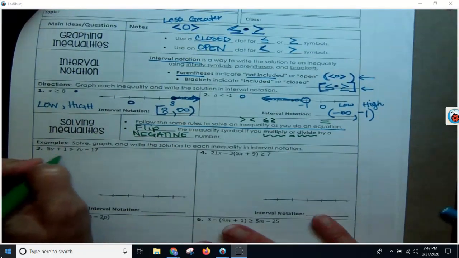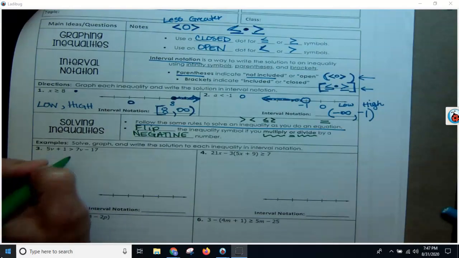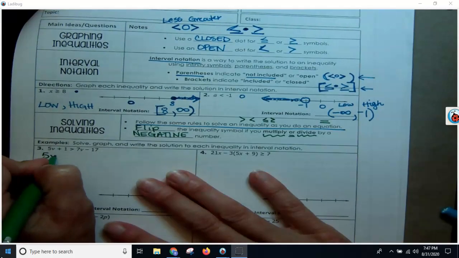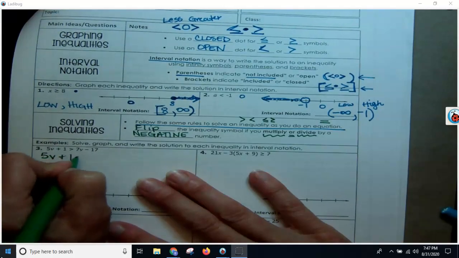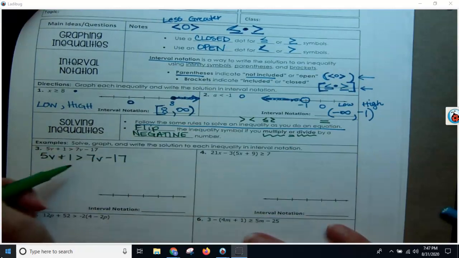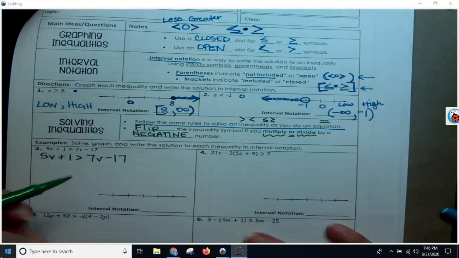This one, I would not recommend that you change this to an equal sign. You just treat it like an equal sign. So you're not going to change the sign, you're going to treat it like an equal sign. So 5v plus 1 greater than 7v minus 17. Well, I still need to get my v's on one side and my constants on the other.